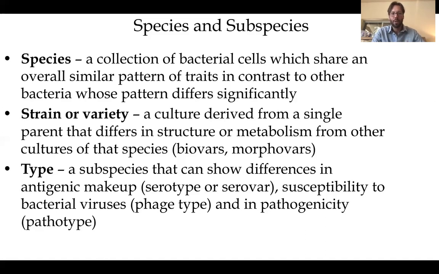Okay, so just be familiar with those differences, because that's what we'll use in order to give reference to different bacterial types, right? Whether it's the same species, the same strain, or the same type. Any questions on that?